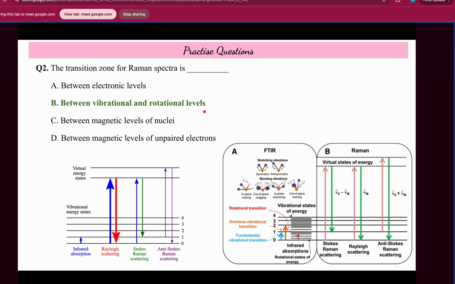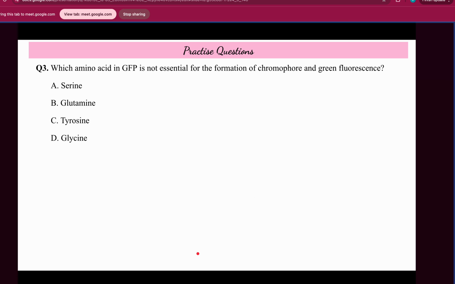These are the two transition zones which are happening. This is the representation we have discussed of how the vibrational and rotational energy levels are changed, due to which the Stokes shift and anti-Stokes shift are observed: Stokes Raman scattering, anti-Stokes Raman scattering. So this is based on the vibrational and rotational levels.